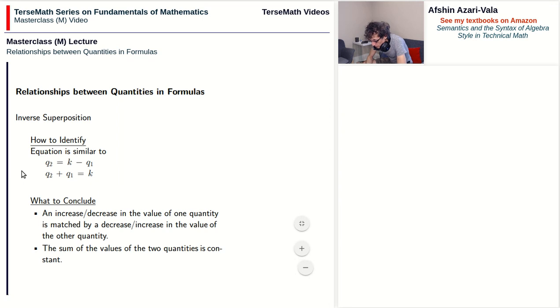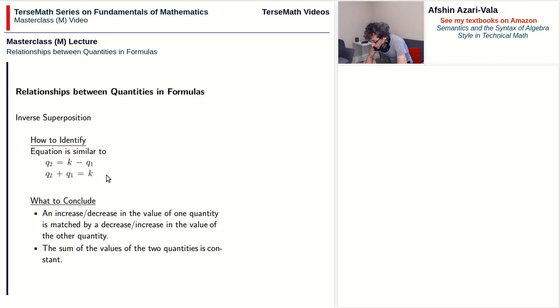For inverse superposition, your equation should be similar to Q2 equals K minus Q1 or Q2 plus Q1 is equal to K. These are the standard form and the conservation form of the equation for inverse superposition.